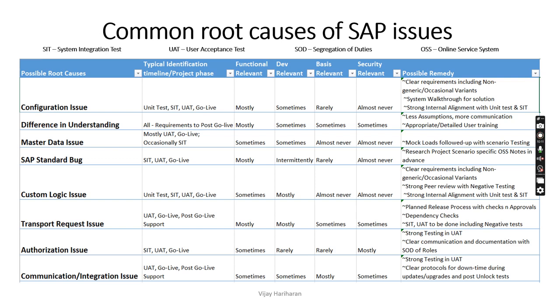So the remedy in the long term is that you research the project scenarios as far as possible for specific OSS notes in advance. Is this always possible to avoid every time? No, may not be, but you can save a lot of time with the most relevant notes, especially for your process. For example, it might be a credit management process, or it might be a billing document process, and so on and so forth.